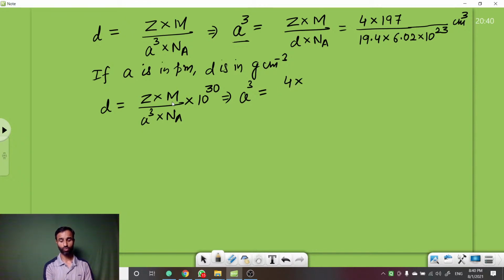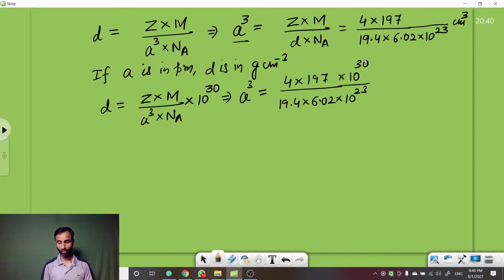So a^3 becomes 4 × 197 divided by d × Avogadro's number × 10^30.